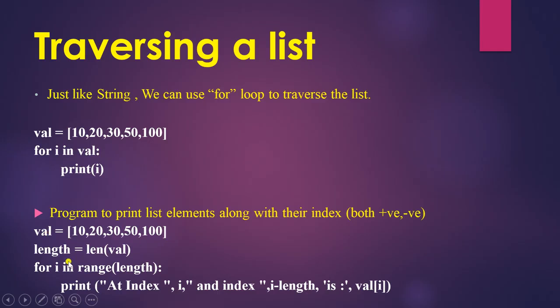Now you have to find the length of the list, so by this way you will find the length. Now for i in range(length), it will run the loop till the last value. Now print the element at index i and index i minus length, so it will give you the index in forward and backward.